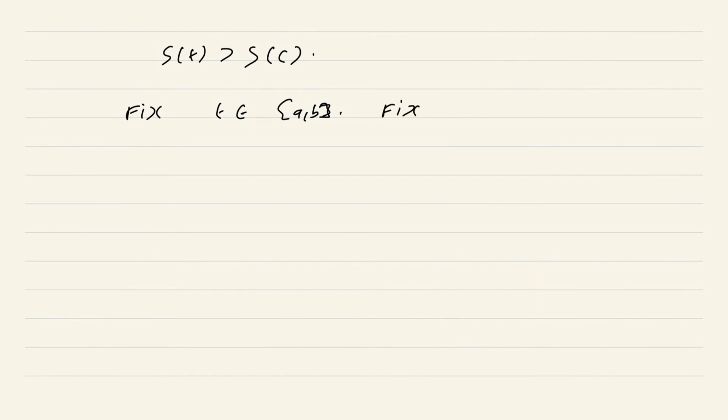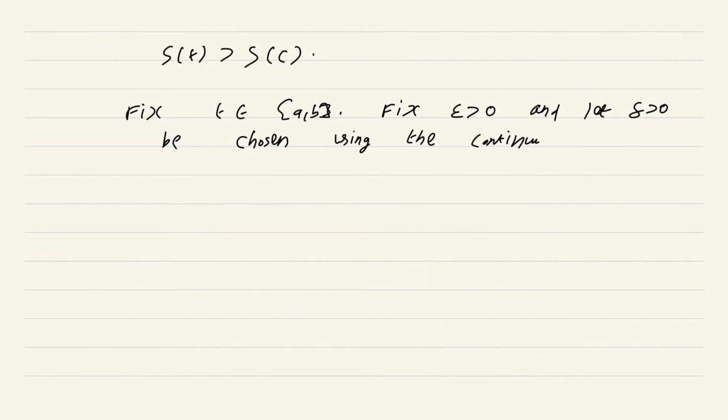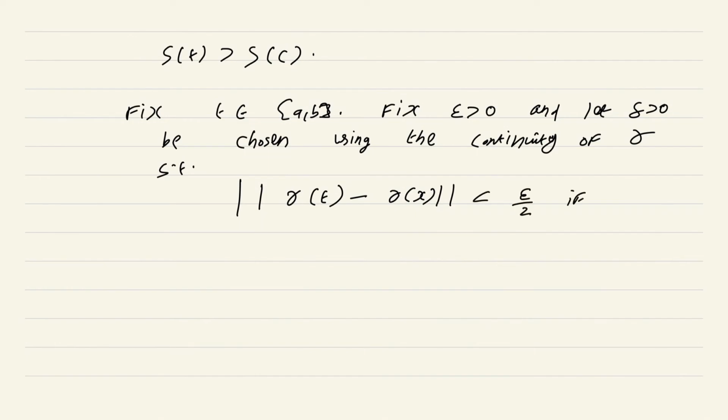So fix epsilon greater than 0 and let delta greater than 0 be chosen using the continuity of gamma, such that the norm of gamma of t minus gamma of x is less than epsilon by 2 if mod x minus t is less than delta.